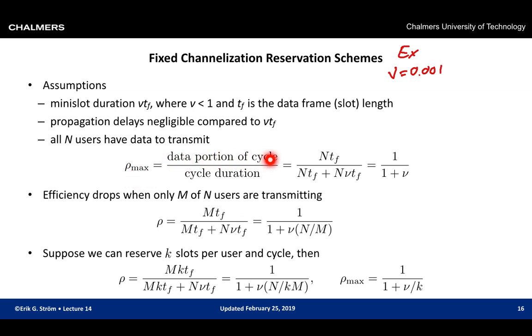Well, it's how much data we transmit per cycle: the time it takes to transmit data in a cycle divided by the cycle duration. This tells us how much of the medium we are using for data in relationship to the total time we use.